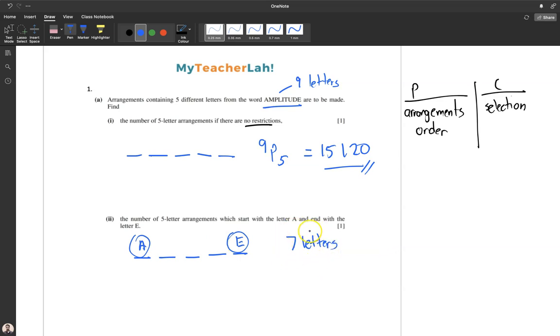Out of these 7 letters, I just need to pick and arrange 3 of them. Therefore, this entire thing would be 7 permutation 3, which gives me 210. Alright, so that's it. Let's move on.